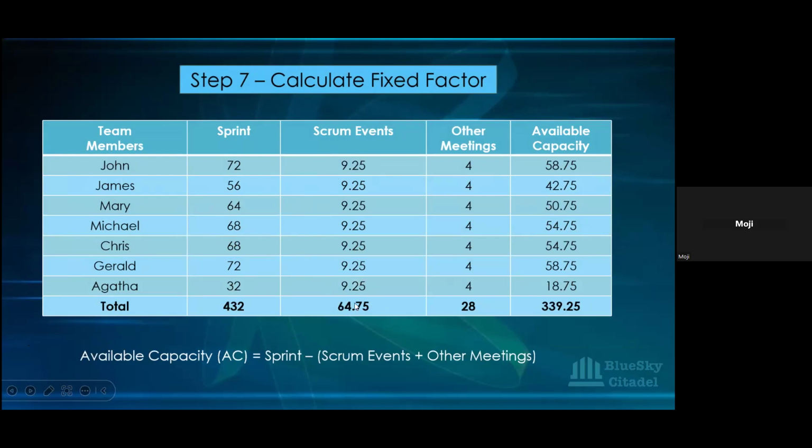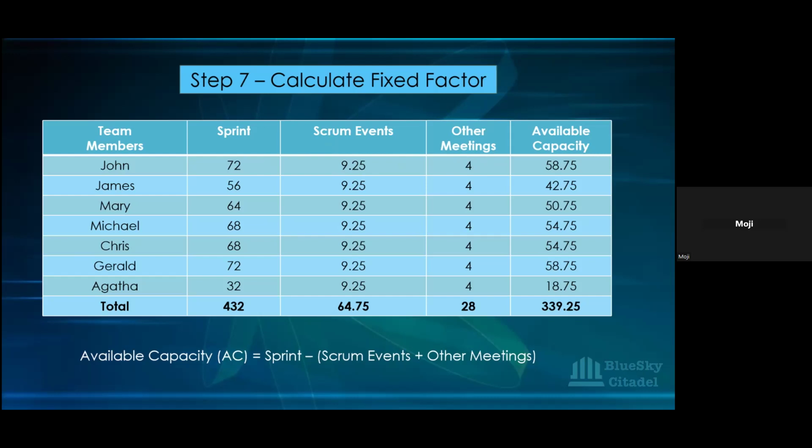You can choose to deduct it from their total, but you're deducting it from everyone's time. And remember, there is the other meeting also. You deduct that also. So if you deduct the Scrum event time and the other meetings, if we add that together, it will give you 13.25. Correct? Yes.